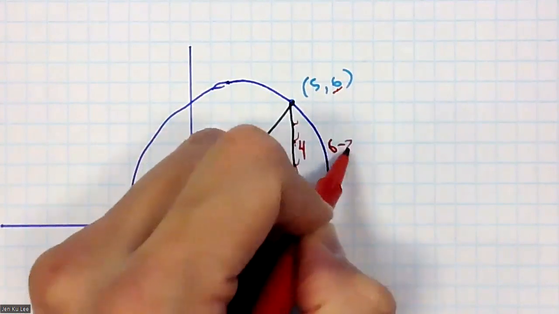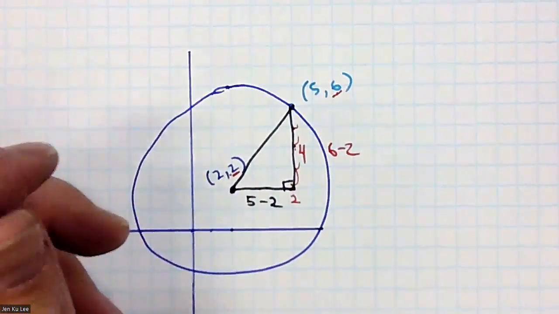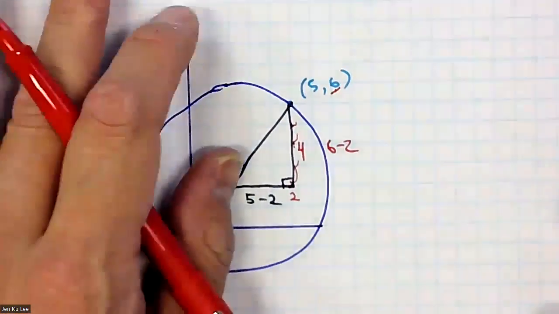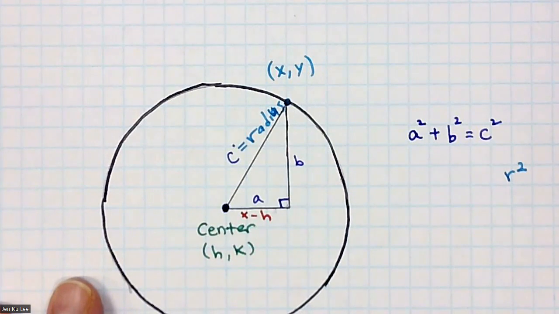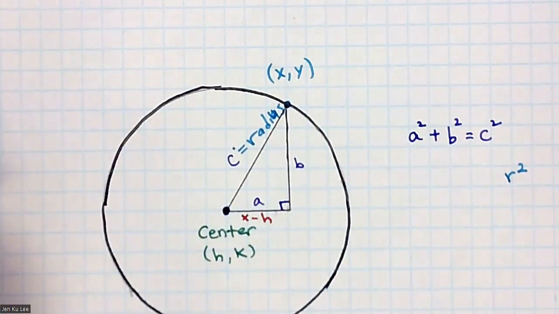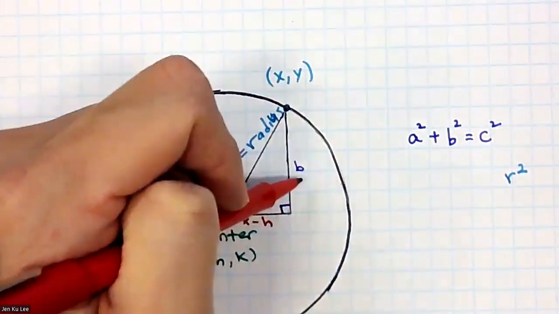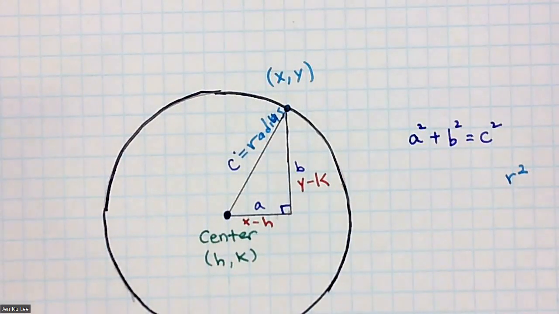Subtract them, right? 6 minus 2. Using that same logic, apply it to my y and my k. It will be y minus k. You guys see that? Yes? No? Maybe so?